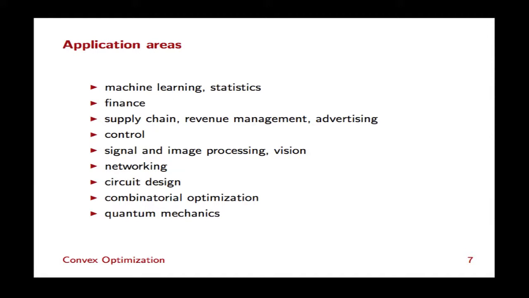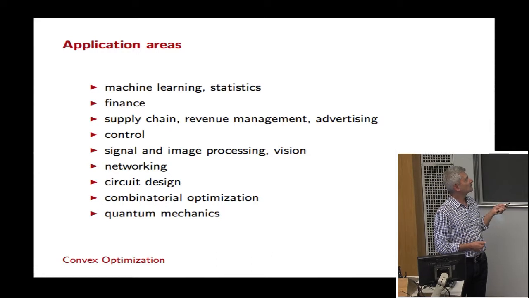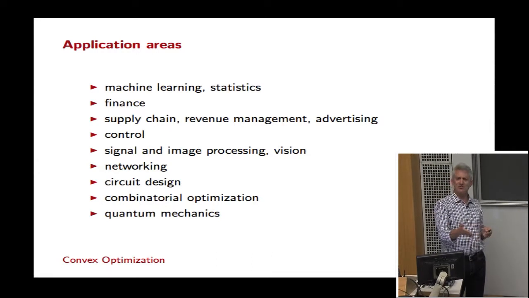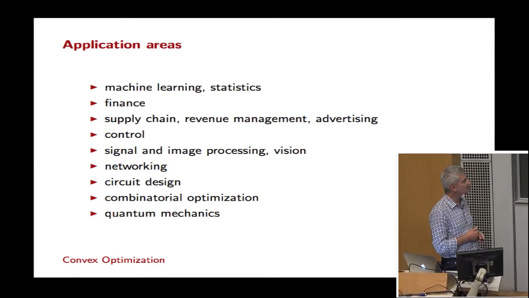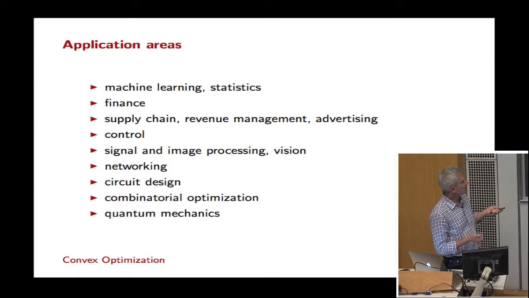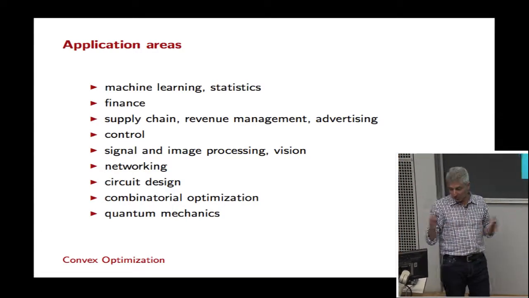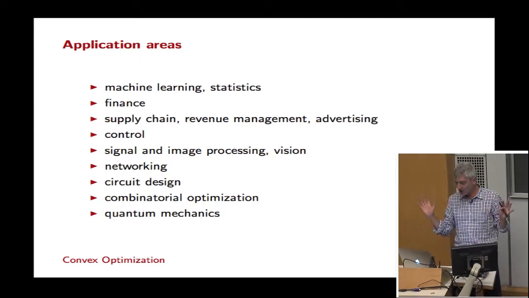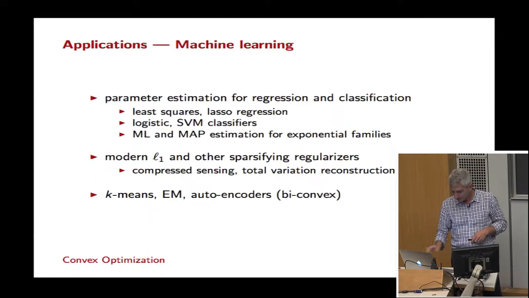Signal and image processing, vision, networking, both design of a network and operation of a network, even circuit design, combinatorial optimization. That's strange because that doesn't sound like convex optimization, but they're very tightly coupled, and there's a very important role for convex optimization there. And there are all sorts of other bizarre areas, even quantum mechanics now, for example quantum information. These are things I don't know about, but apparently these are application areas.